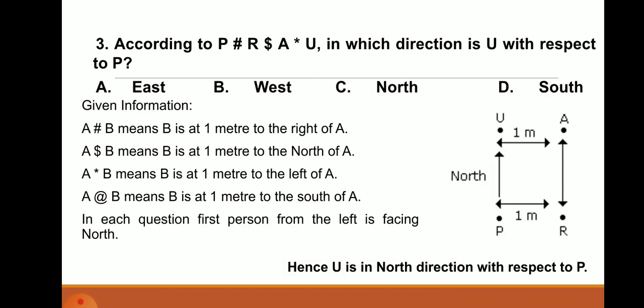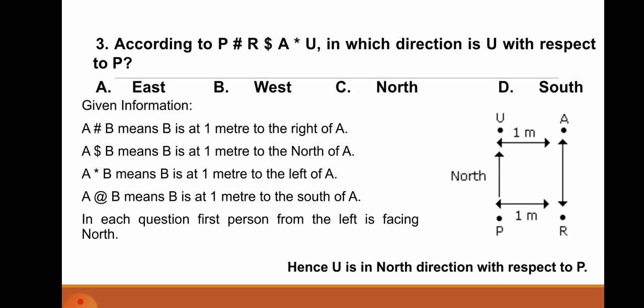Next, one more question. According to P hash R dollar A star U, in which direction is U with respect to P? So again utilize the given information and plot the diagram. P hash R is nothing but R is 1 meter to the right of P. So first plot the P point, and towards its right plot the R point at 1 meter.